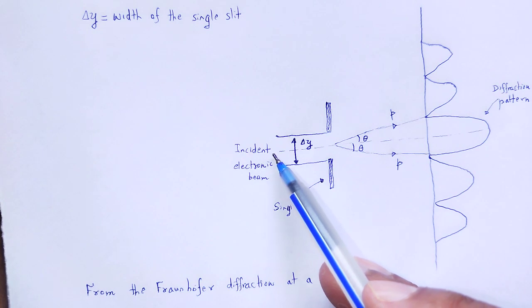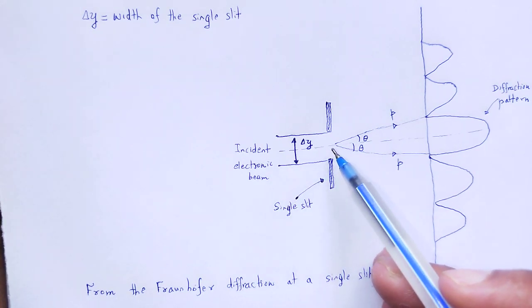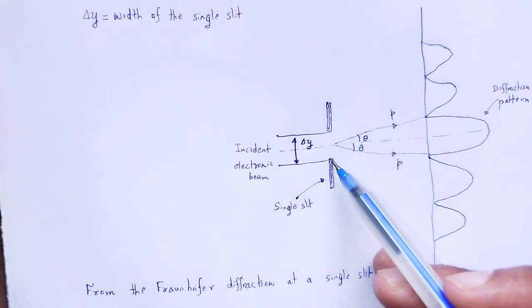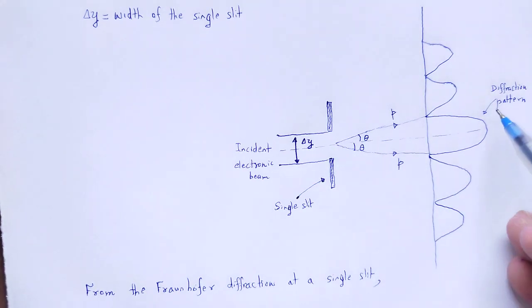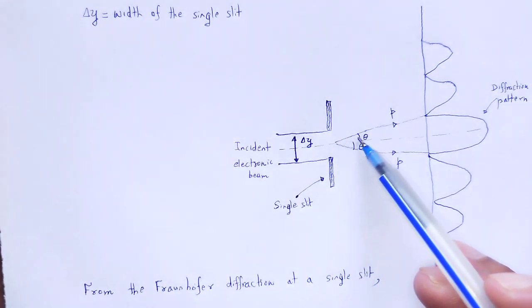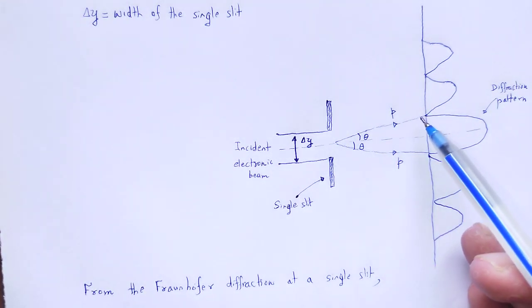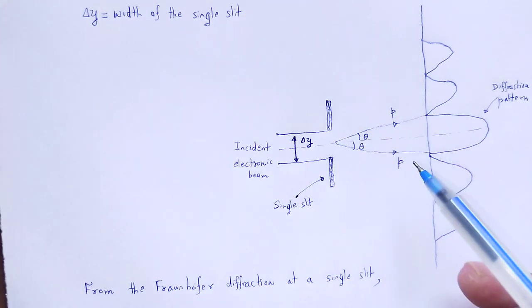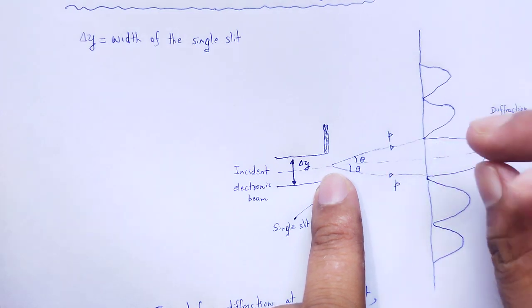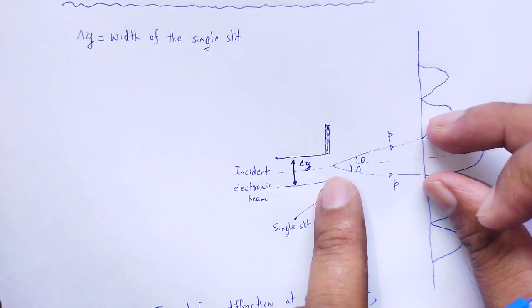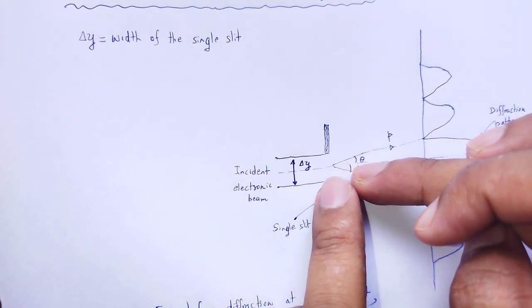First, electrons travel along the x direction. When they pass through the slit and form a diffraction pattern on the screen, they deviate, and that deviation is along the y direction, and the uncertainty in that momentum lies within plus theta to minus theta.